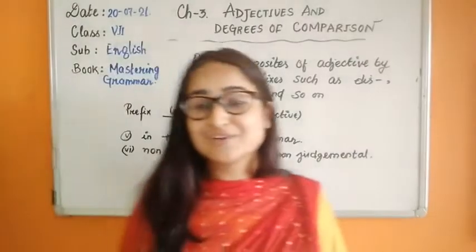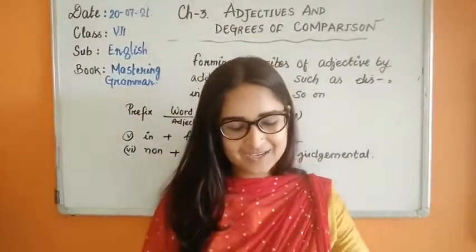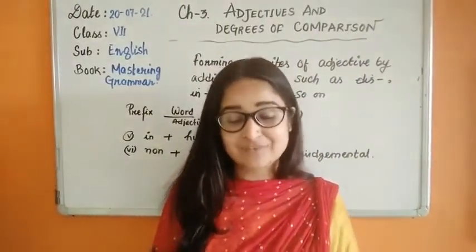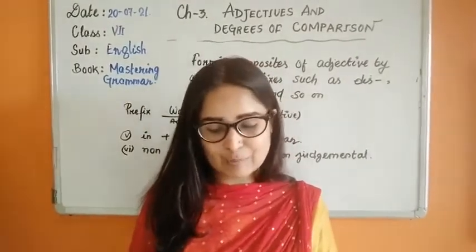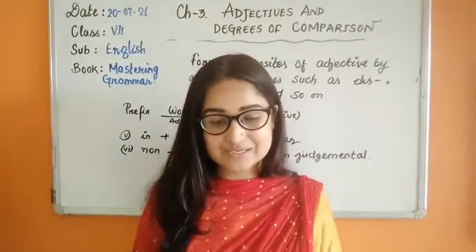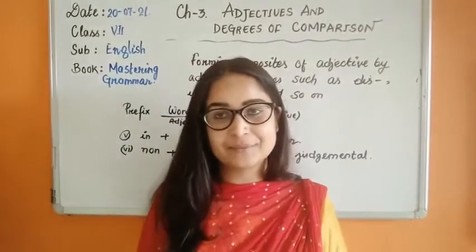So see, we have learned so many things today. Now we have an exercise just after this learning of the formation of opposites. Exercise E, you can see on page number 23, we will be doing that, children.